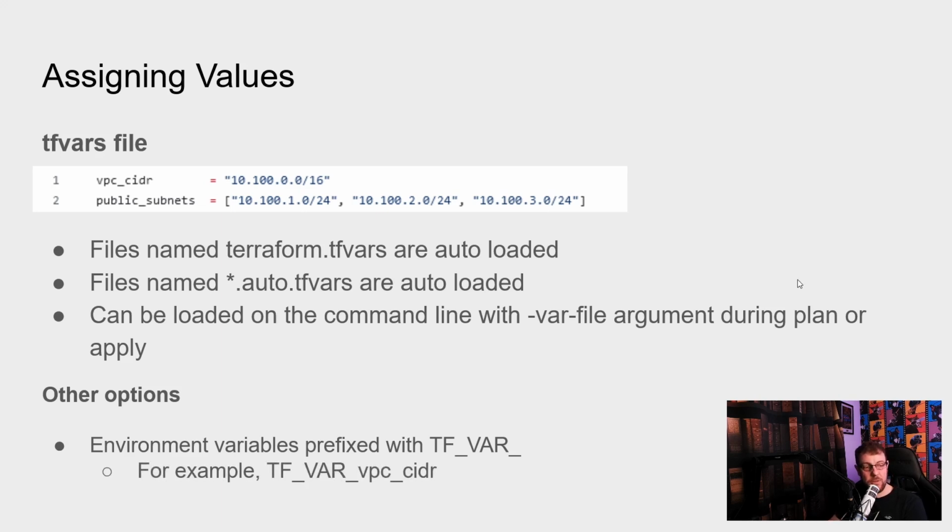To give you an example, you would do an export, or however you define an environment variable in your operating system, TF_VAR_, and then vpc_cidr in this case. You can also use the -var argument on the CLI as well during plan or apply, which is similar to how you did the -var-file as I showed you before. I will demonstrate these very shortly anyway, so we'll just move on.